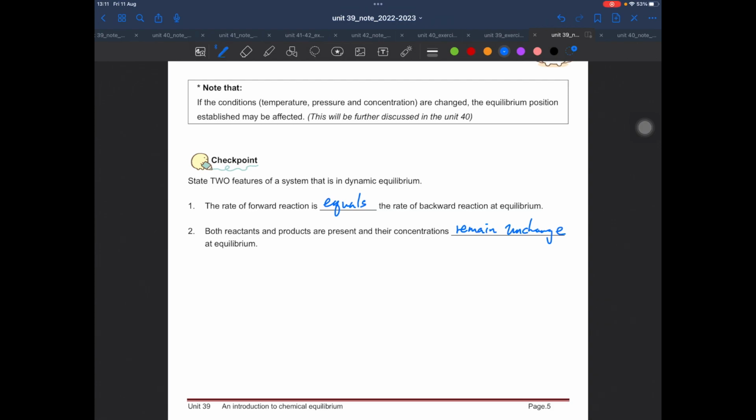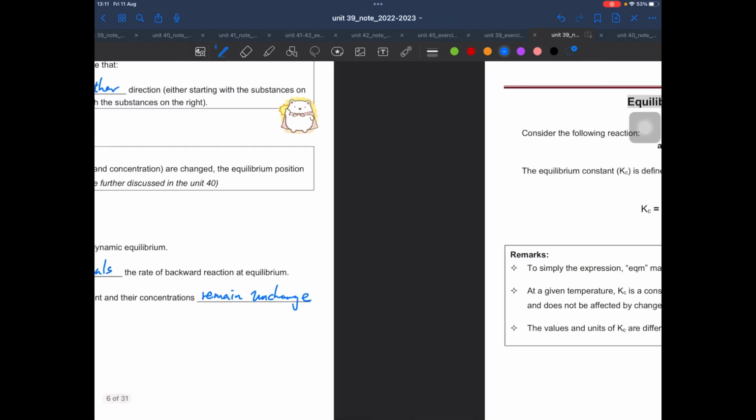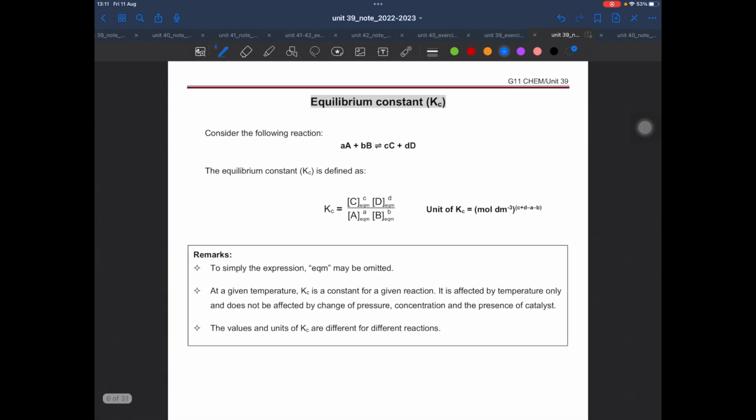And here goes. Yes, we know that both product and reactant exist in the equilibrium mixture. So how can we interpret this? Here comes the term called equilibrium constant. It is actually a ratio between the product and the reactant.